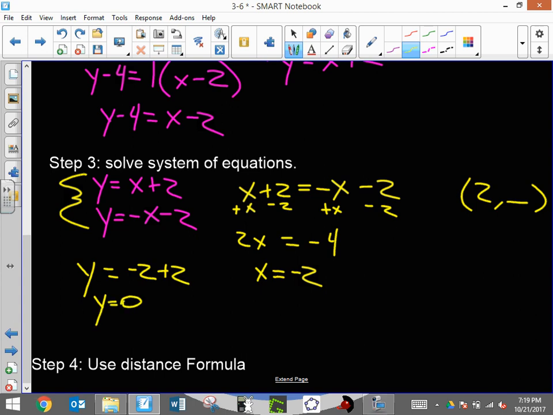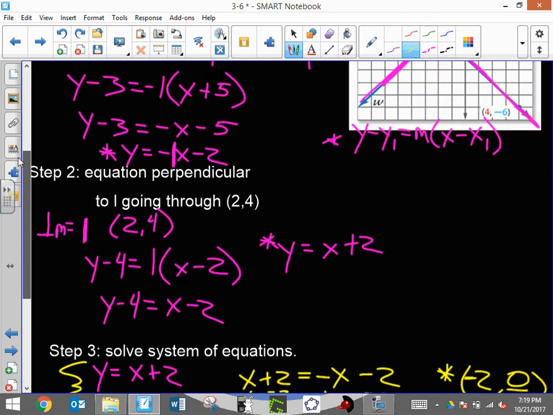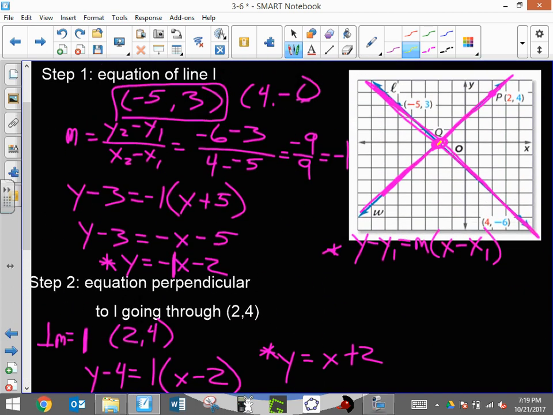So the point that I came up with, my intersection point, is negative 2, comma 0. And I'm going to put a nice star next to it. So now I have my 2 points. My intersection point was negative 2, 0, that was this one, and this one. Those are the 2 points I'm trying to find the distance between.